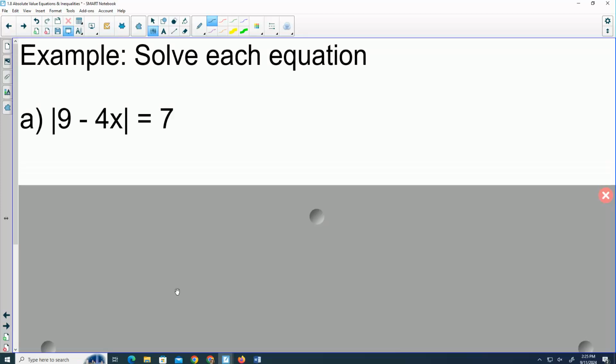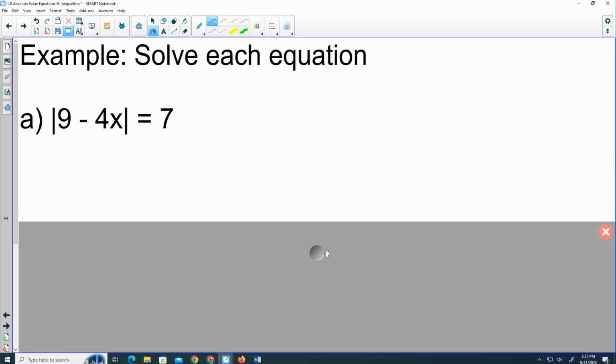So I asked you to solve the equation: the absolute value of 9 minus 4x is equal to 7. How would we write that? We have to set up a problem we solve, right? If the absolute value is equal to 7, that means the thing in here could be 7, or could be negative 7.